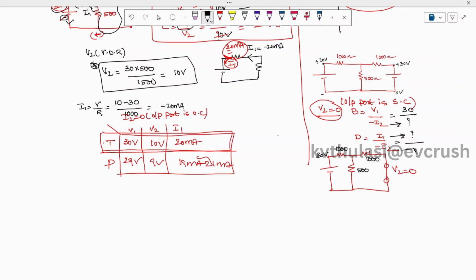In order to find this, I am marking this input port current as I1, this output port current as I2, and the current in this shunt branch as Ix.